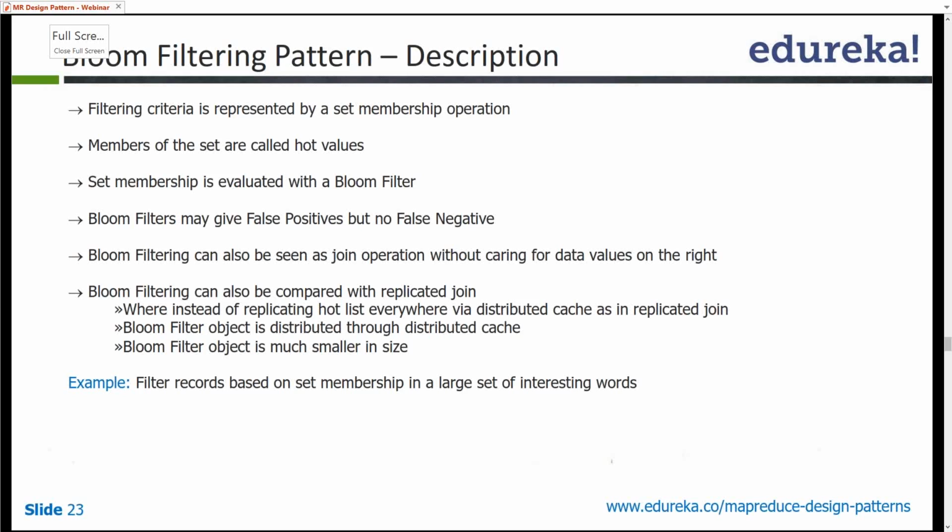If you have false negatives being given out by Bloom filter, you will actually be missing records which should have been filtered in. But if you have false positives, that problem is not there, because what has happened is you wanted to have filtered maybe 50,000 records, and then you end up with maybe 50,500 records, which is fine, because ultimately you are going to test that stuff again down the line in the pipeline with a much costlier resource.